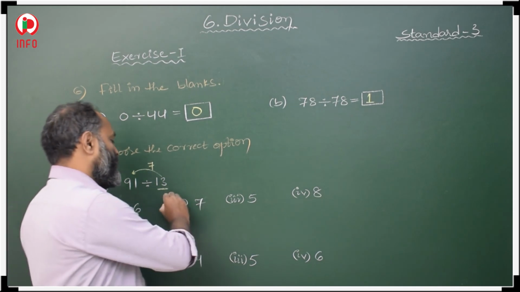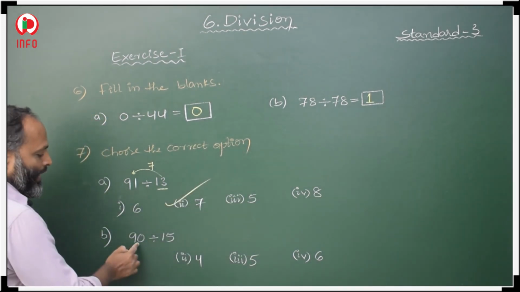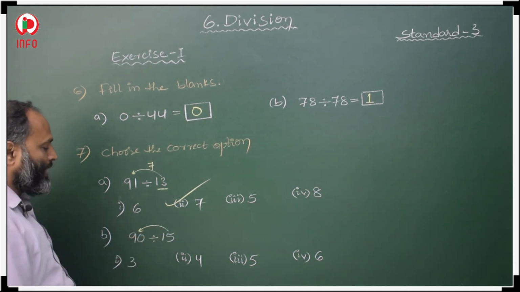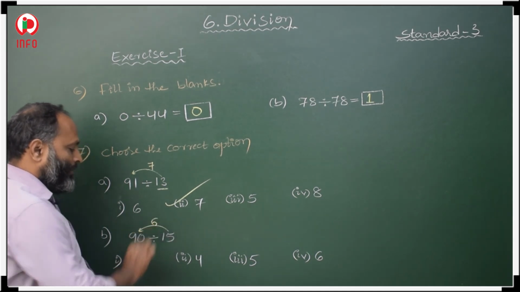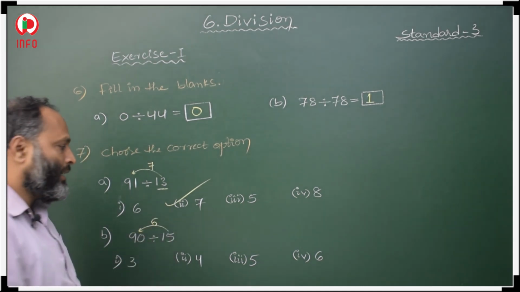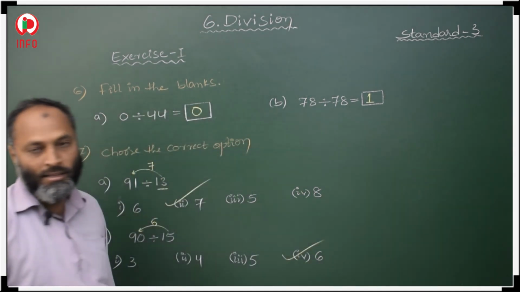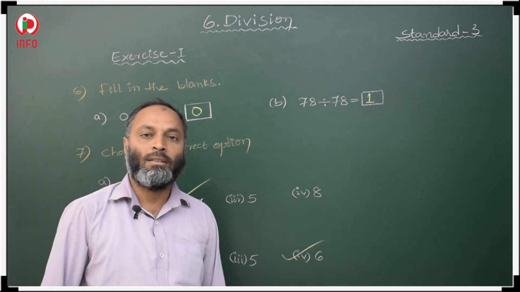So 7 is your right answer. In the same way, 90 divided by 15. You have to check in the 15 table when you will get 90. 15 sixes are 90, so 6 is your right answer. In this way we have to check which one is the correct answer. Okay.